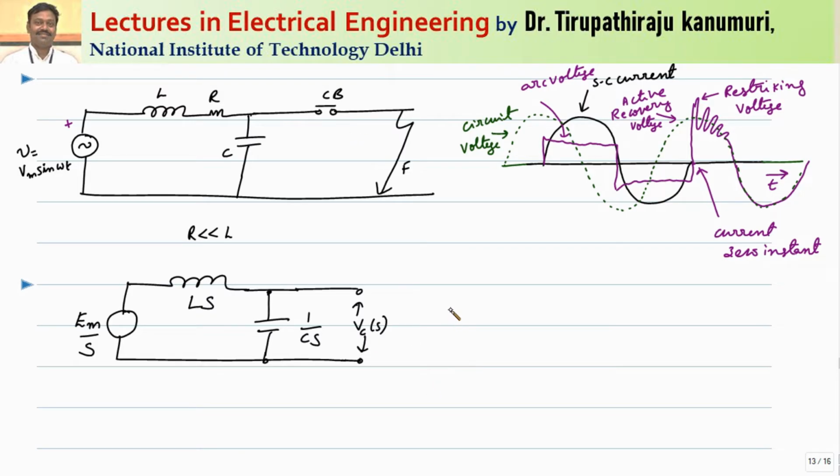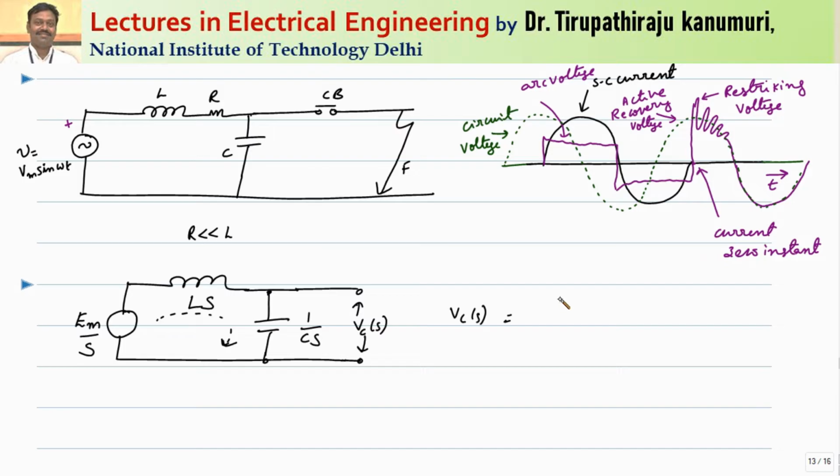I can derive the value of Vc(s) as the current passing up to that point multiplied by the impedance. We can calculate, because of this circuit, the value of the current that is passing. This current is multiplied by the impedance across this capacitor, which gives the voltage across the capacitor, or the voltage across your circuit breaker.